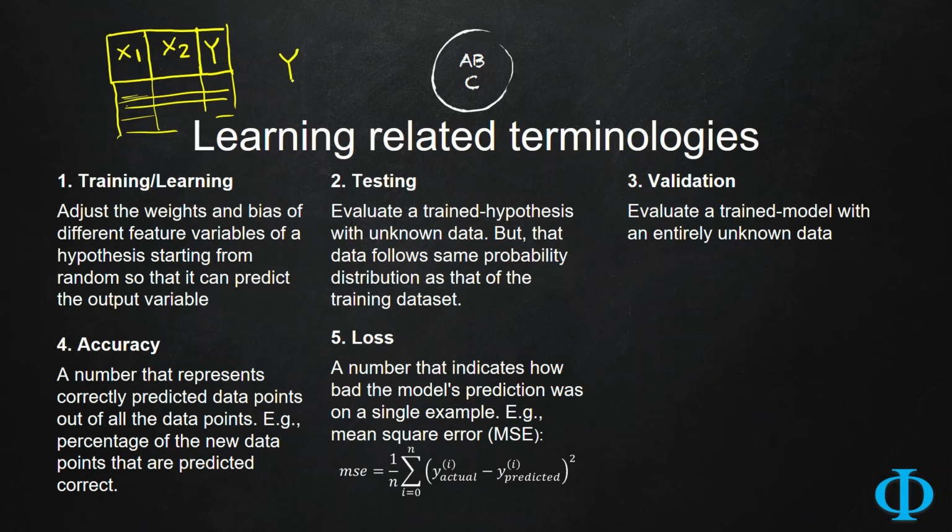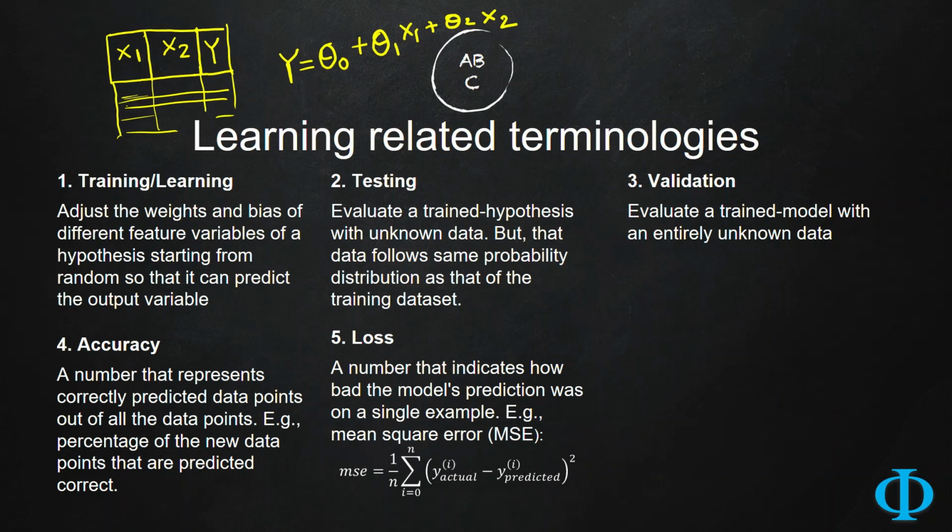Let's say y equals theta 0 plus theta 1 x1 plus, let's say, theta 2 x2, like this way. So what does that mean?